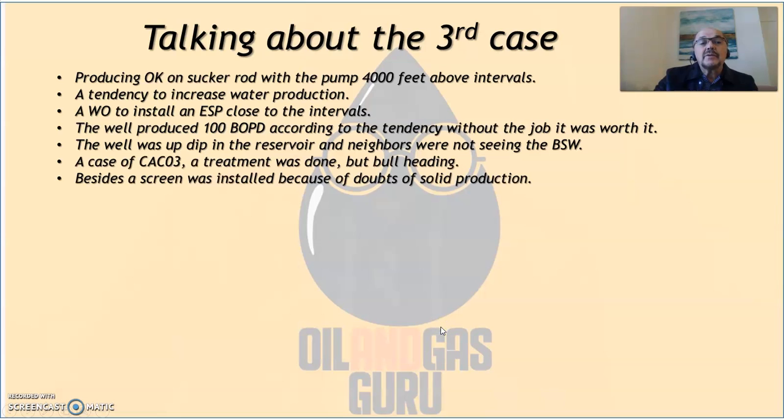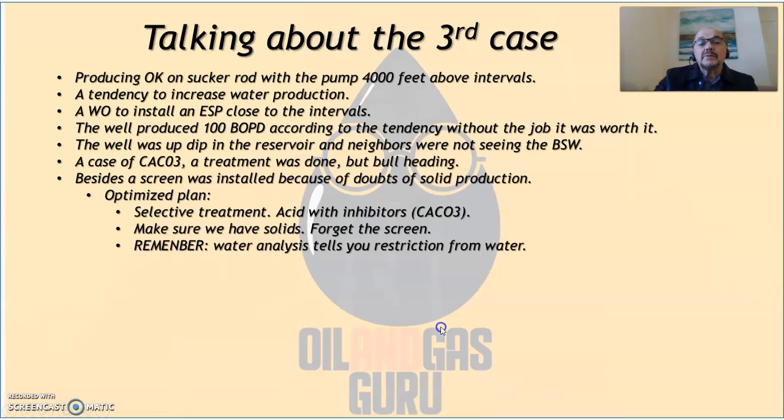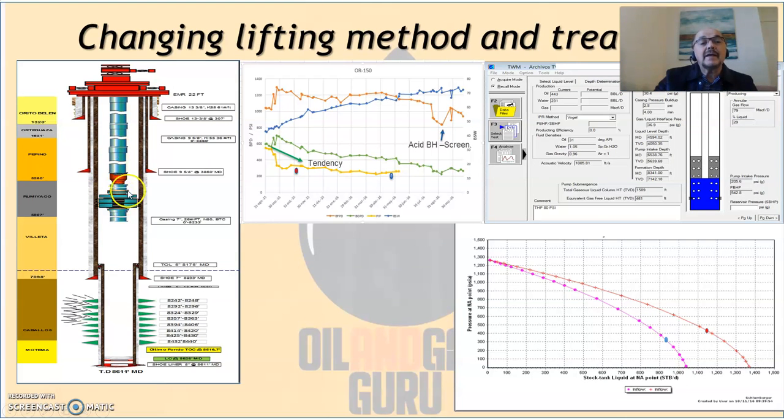The third one was a well producing, but the sucker rod pump was very high from the perforations. So we were getting the fluid levels very close to the pump, but we knew that there were about 4,000 feet from the pump to the perforation.